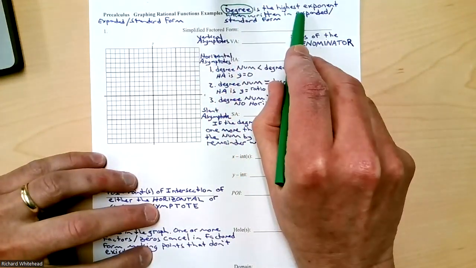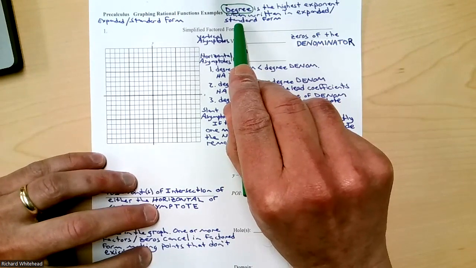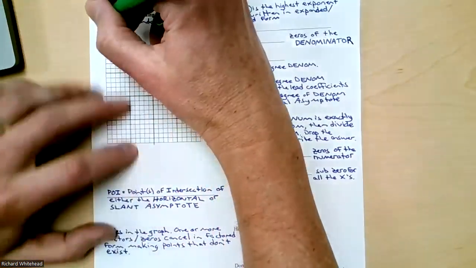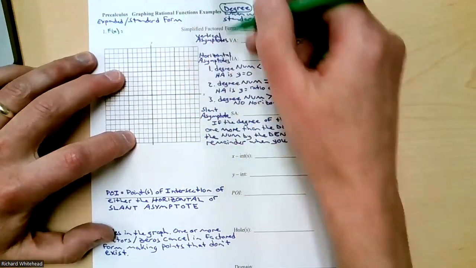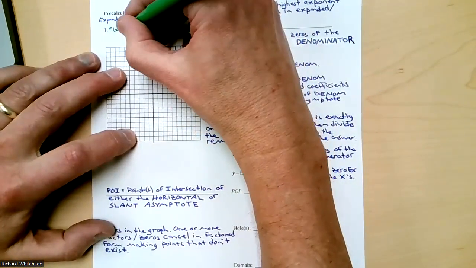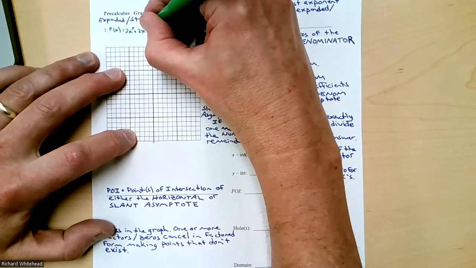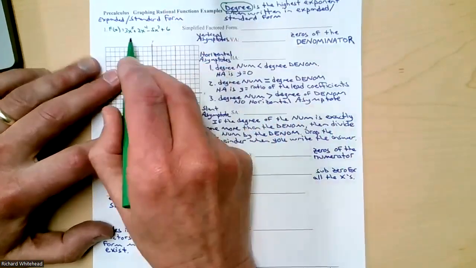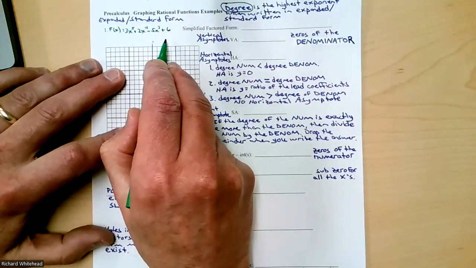The degree of a polynomial is the highest exponent when it's written in expanded standard form. So when we talk about expanded or standard form, and I'm just making this up, this is not an example, and none of these examples correlate to each other. I'm just trying to make a point here. So if I've got something like 3x to the fifth plus 2x to the fourth minus 5x squared plus 6, that would be considered expanded or standard form.